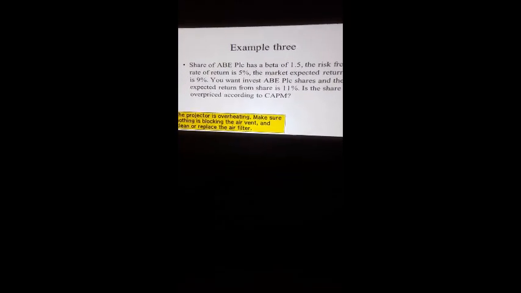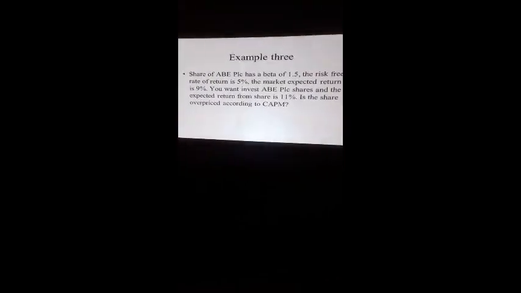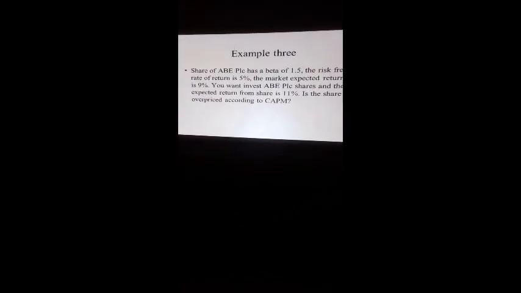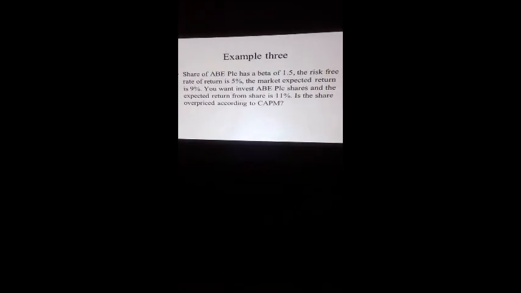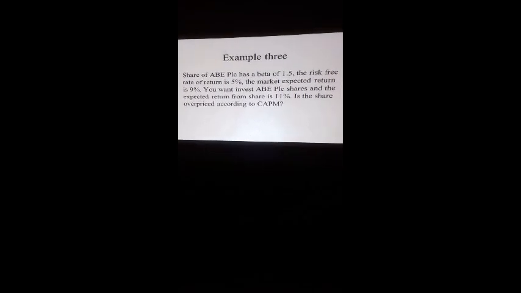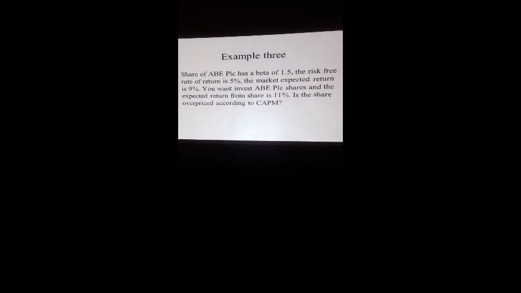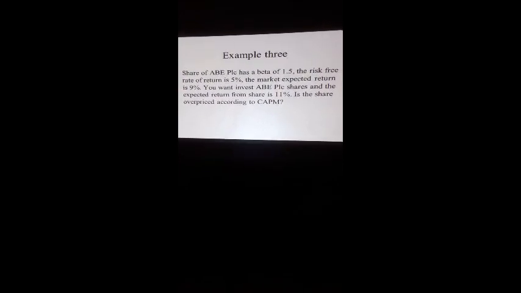You want to invest in AB PLC shares and the expected return from the shares is 11%. Now you ask, is the share overpriced according to the capital asset pricing model?